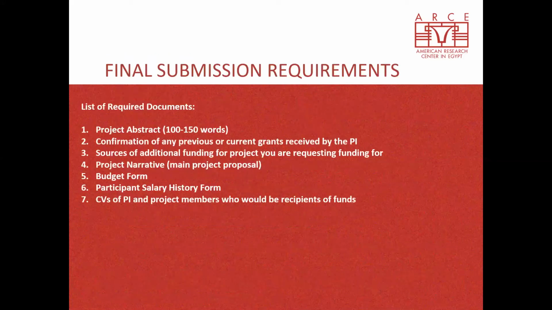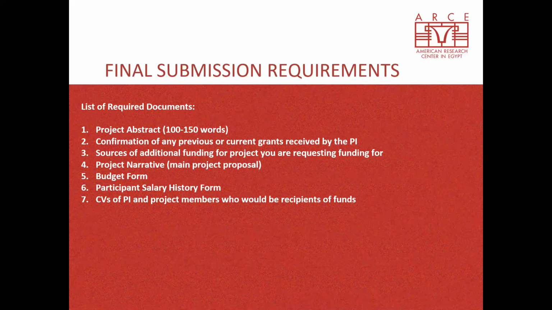For your final application submission, you're required to provide the following 7 documents or items. Number 1, the project abstract, which is 100 to 150 words. Number 2, confirmation of any previous or current grant received by the principal investigator or project director. Three, the source of additional funding for the project you're requesting funding for.